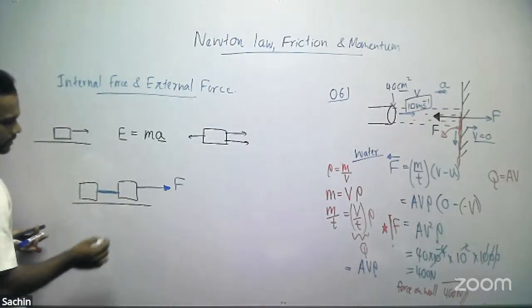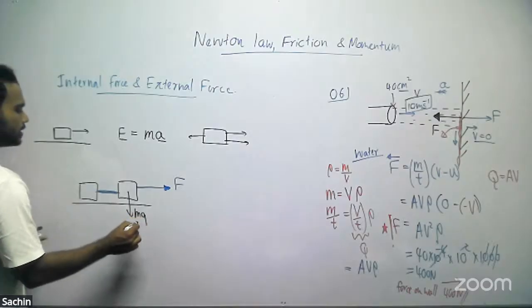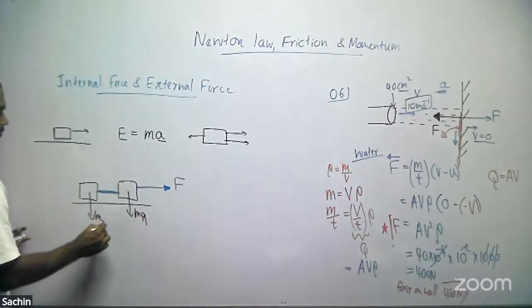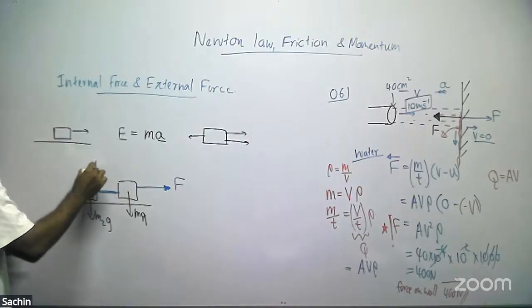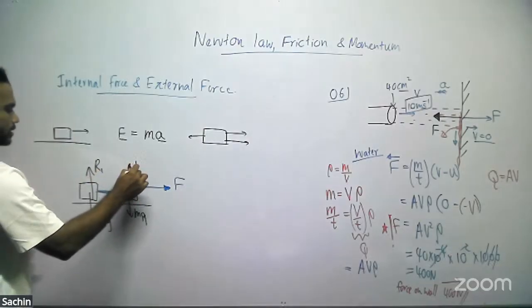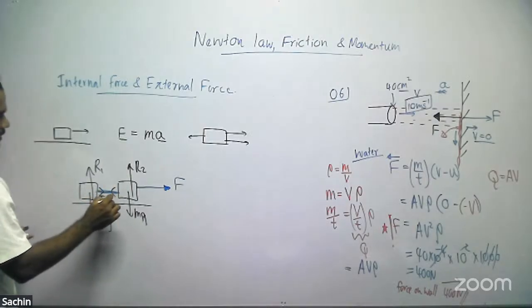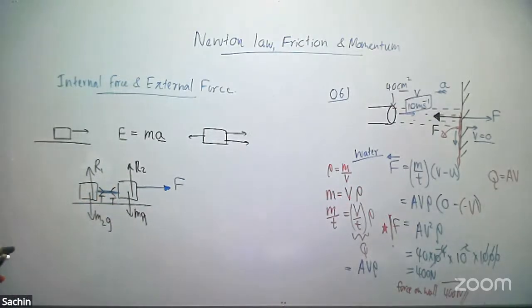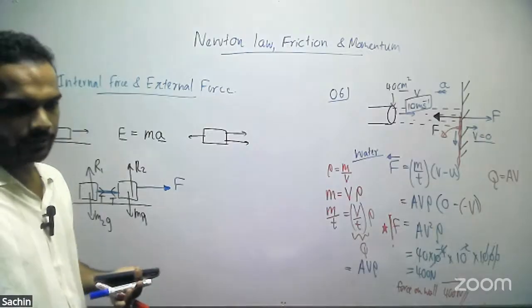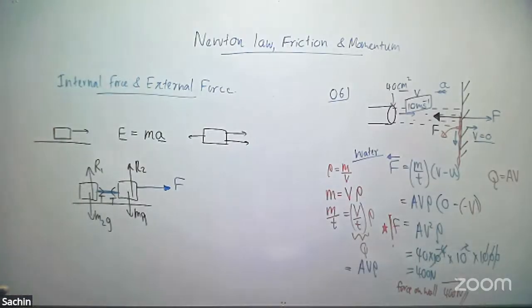If I mark the forces here, there are always the mg weights, and the reaction forces are also there, and we will talk about it later. And there is a tension for this string like this, and we will assume this surface is smooth, otherwise it will get more complex.